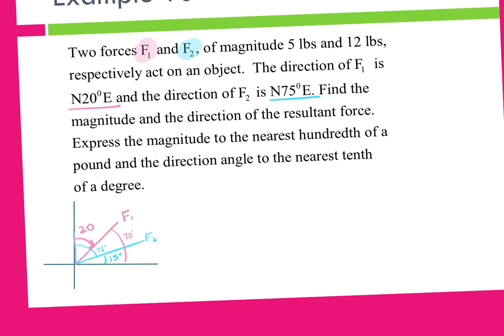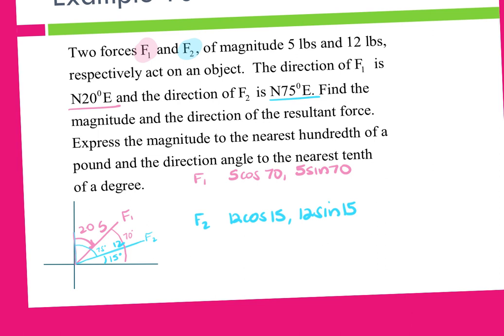Now, F1 has a magnitude of 5 pounds, and F2 has a magnitude of 12 pounds. So the first thing we're going to find is component form. F1 would be 5 times the cosine of 70, and 5 times the sine of 70. And then I'm going to go back and do that calculator work in a second. But I'm going to set up F2, 12 times the cosine of 15, 12 times the sine of 15. And now we let the calculator do the work for us.